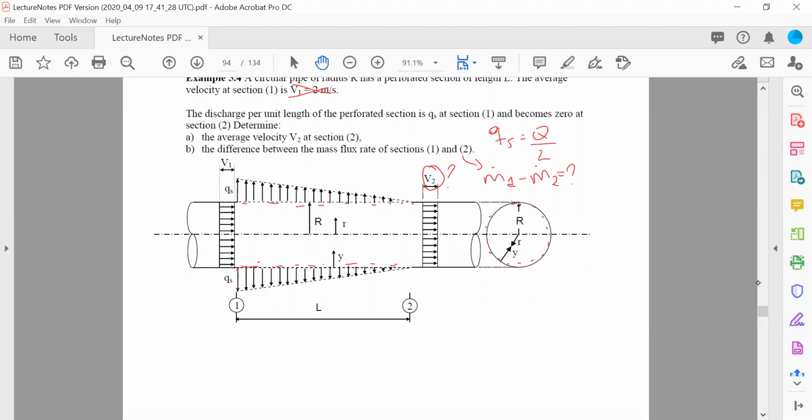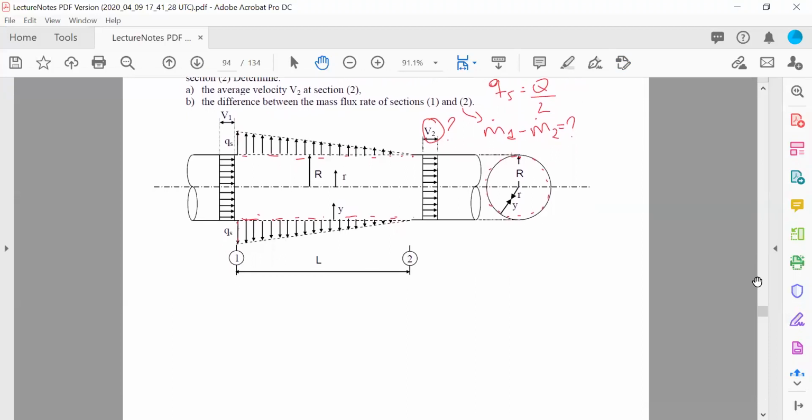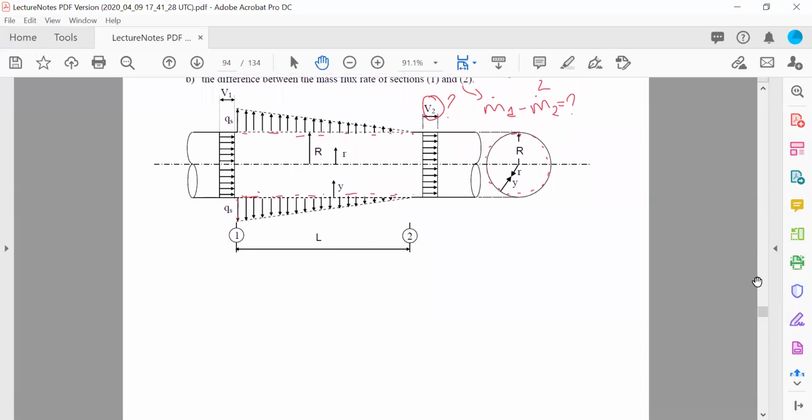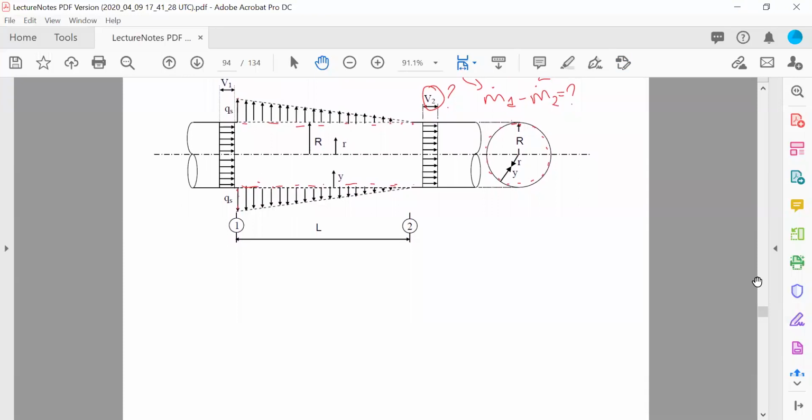As you see, the magnitudes of the flow rates are asked, so that we will use continuity equation. And please note that in order to determine V2, we can just simply use volume continuity equation, because there is nothing related with mass or density. Even if we write mass continuity equation, it will result with the same as the volume continuity equation.